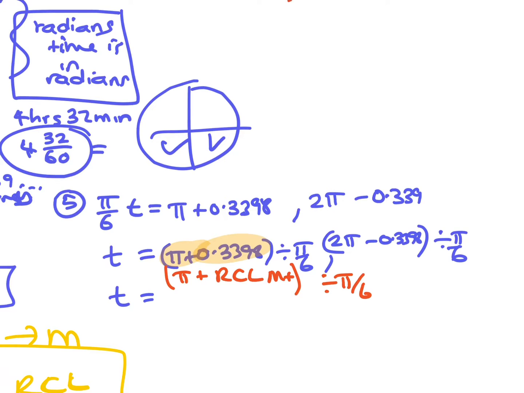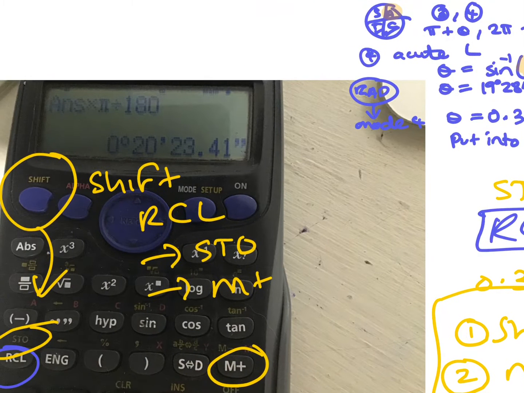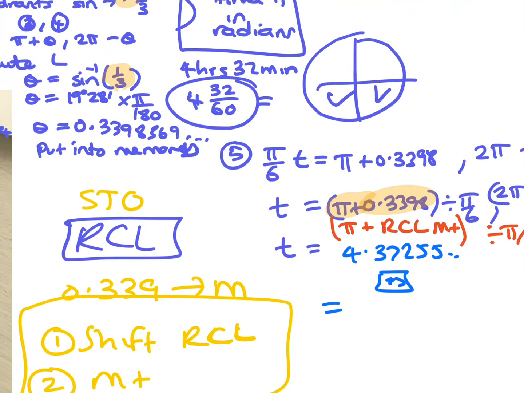Okay, and for that one I get 4.37255. To put into hours and minutes, press this button on your calculator, you'll see it right there. That's your degree minute button. So that will change it to 4 hours and 22 minutes.